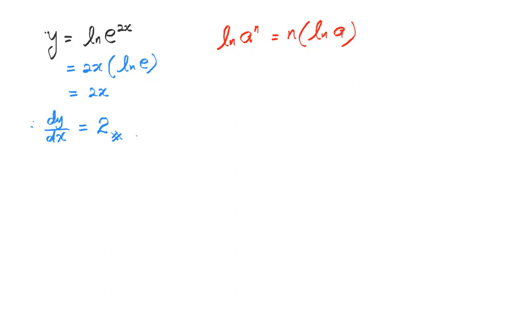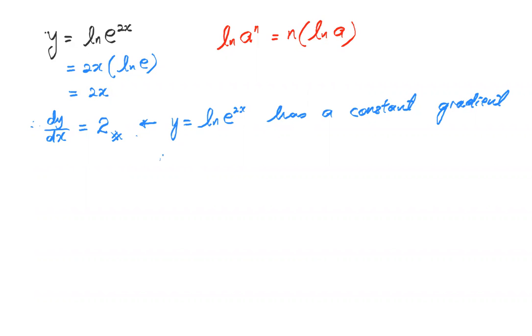If you get your dy dx function that doesn't depend on x, that means I can make a conclusion that y equal to ln e to the power of 2x has a constant gradient. What other thing can I talk about?